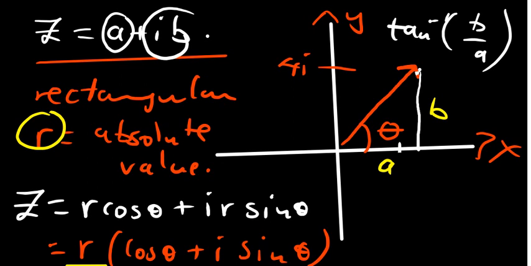So that's basically what we're working with. You should be able to work it out. If you're able to find the absolute value and the angle, then you have written it in polar form already. Have we followed?